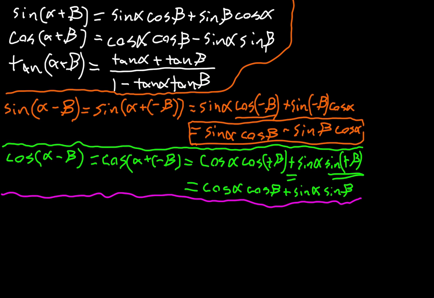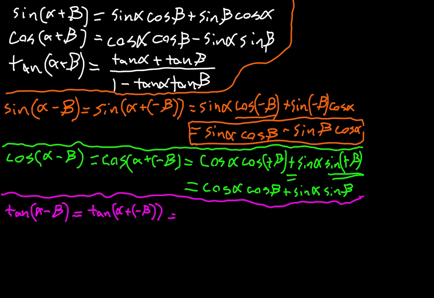Get our lovely dark pink, or whatever color this is. Tangent of alpha minus beta is going to be equal to, let's see, what's our formula? Well, first of all, this is going to be tangent of alpha plus negative beta, right?